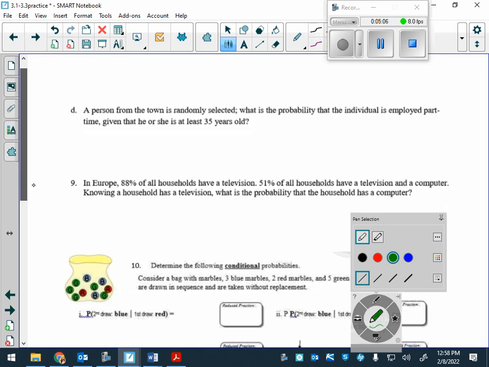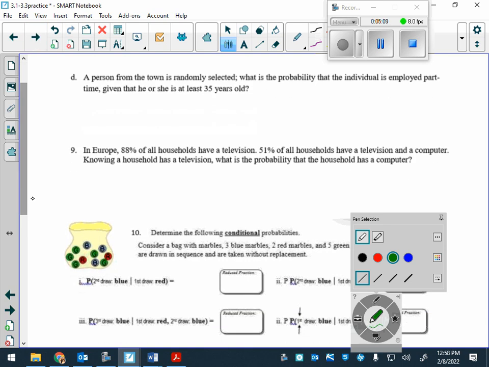Then the next one for D. A person from the town is randomly selected. What is the probability that the individual is employed part-time given he or she is at least 35 years old? Anybody? Same people keep answering. Thank you, guys.